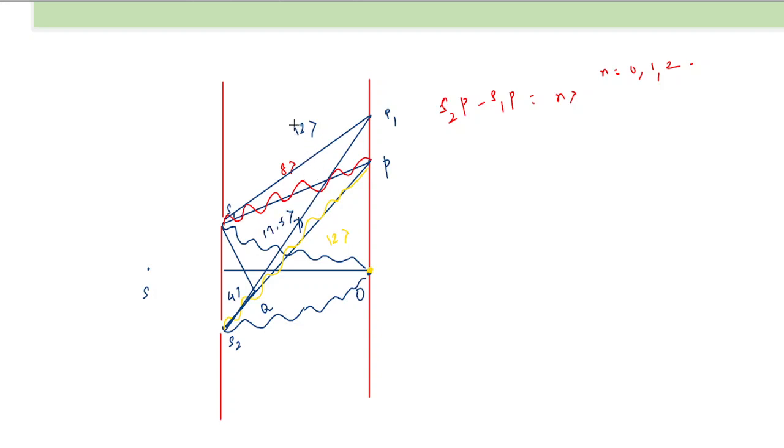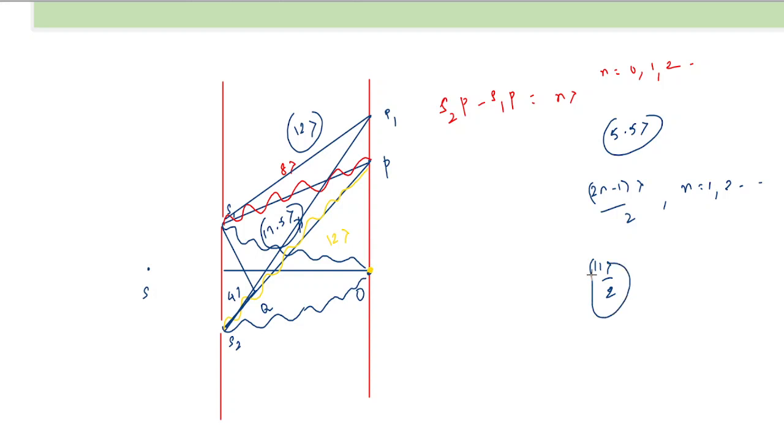In this case, the difference between the two is 5.5 lambda. Recall that the condition is (2n minus 1) lambda by 2, where n is equal to 1, etc. If it is 5.5 lambda, that would mean it is 11 lambda by 2. This would lead to destructive interference.